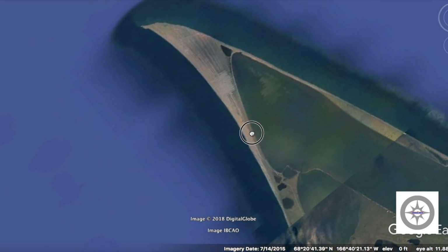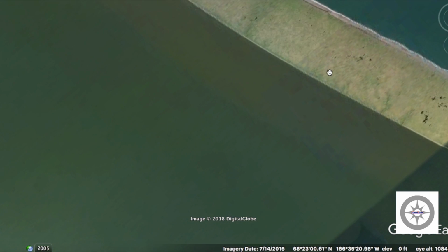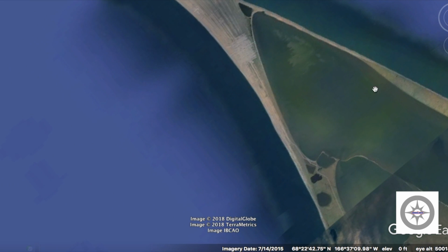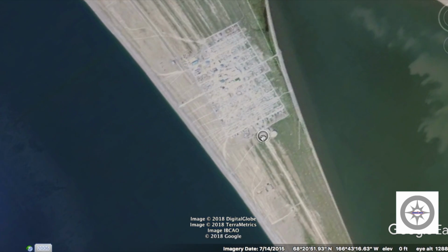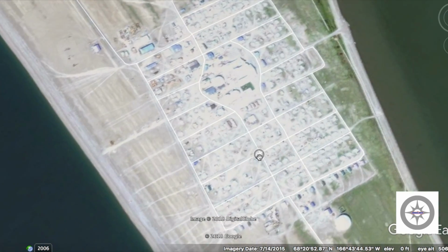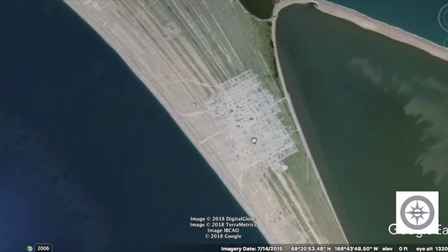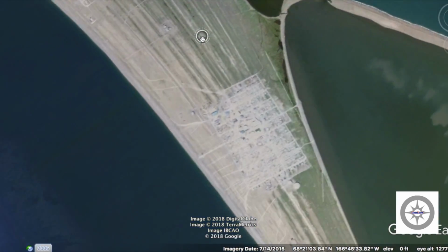And especially this sandbar. This sandbar is a feat of engineering. And the amount of money it would take to create just this little piece of sandbar for this little town, the expenses involved in building such a sandbar would outweigh this little community.